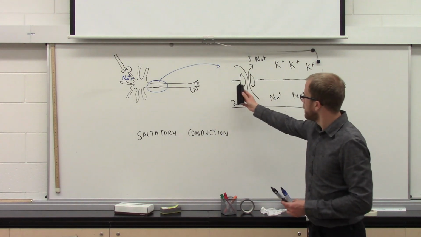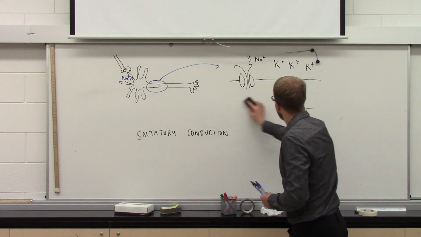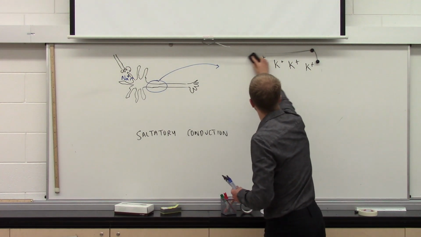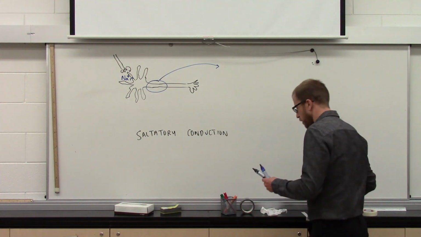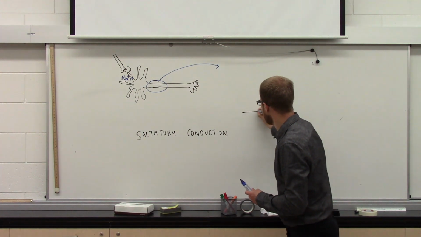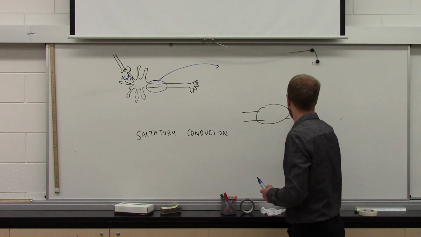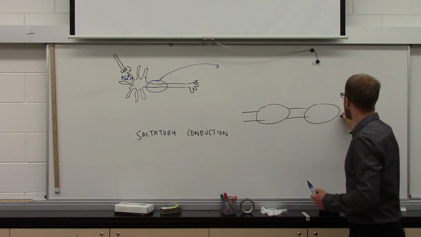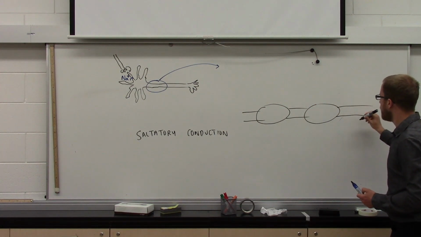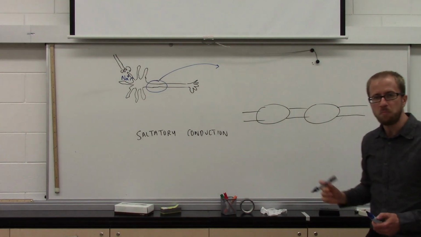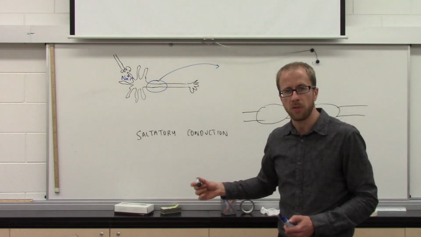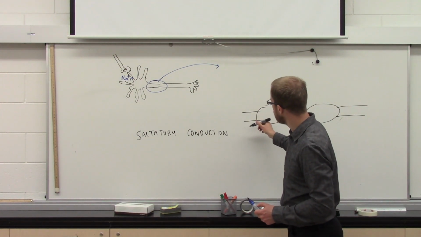So instead of this sequential nervous signal transduction down the axon, what you get is the signal jumping from node to node. And this dramatically speeds up the nervous impulse. So you get depolarization, right?